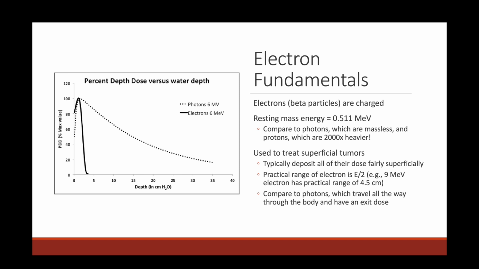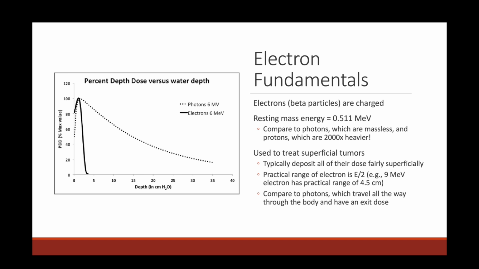Photons, on the other hand, are uncharged, and they are indirectly ionizing because when photons interact with matter, they first have to go through some type of interaction, such as Compton scattering, most likely at the energies we use in therapeutic radiation, and that process produces electrons that can then go and directly or indirectly damage DNA. When we're treating with electrons, we're already delivering that charged particle that can go and either directly or indirectly damage DNA. So electrons are considered directly ionizing particles.